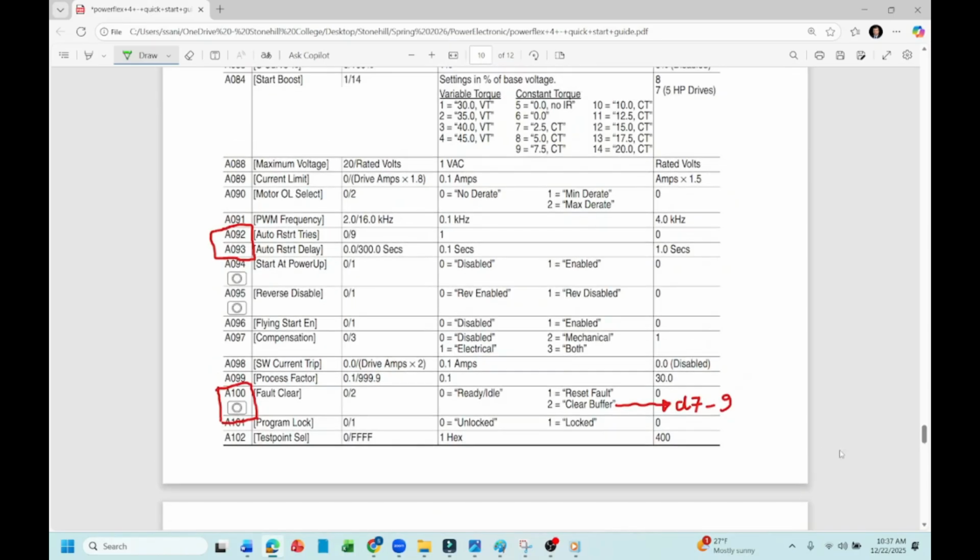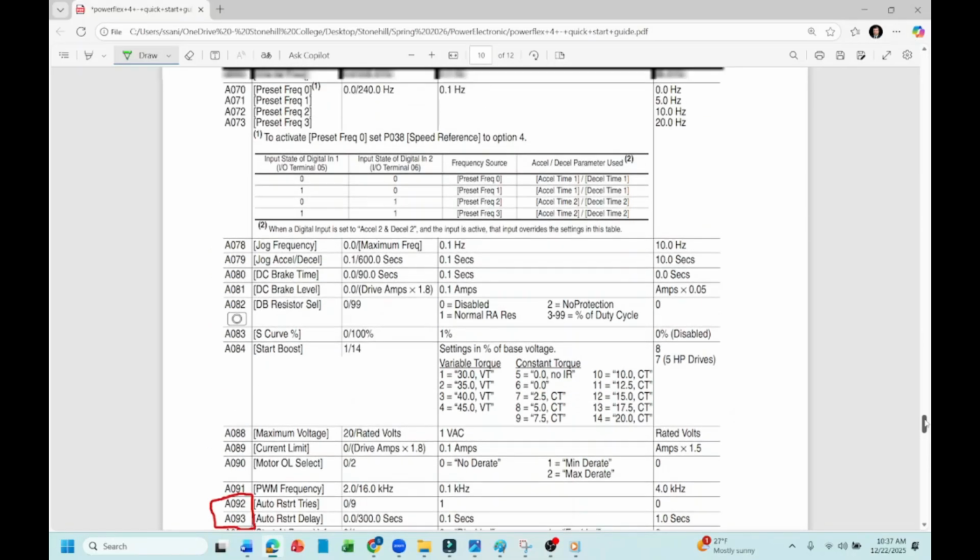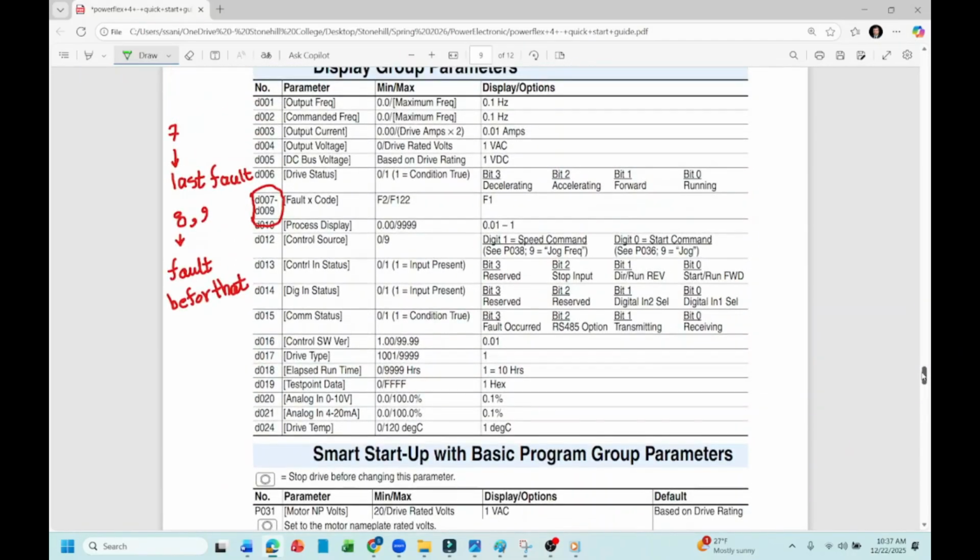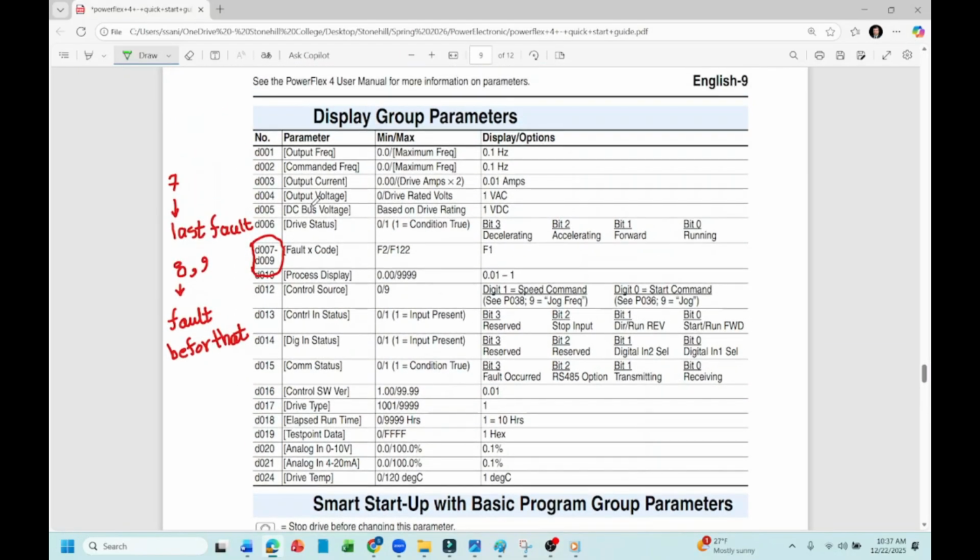Before we review some of these errors, there is one other thing which is nice to know. It's the parameters D7 to D9, which are display group parameters. With D007, you could have access to the last fault of the VFD, and with 8 and 9, you could have access to the faults before that.